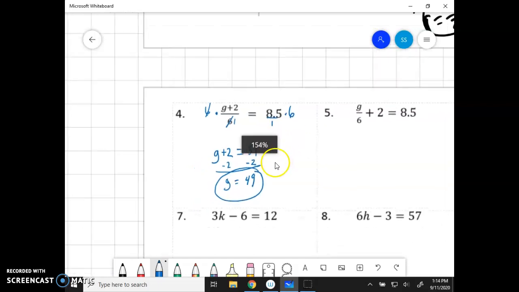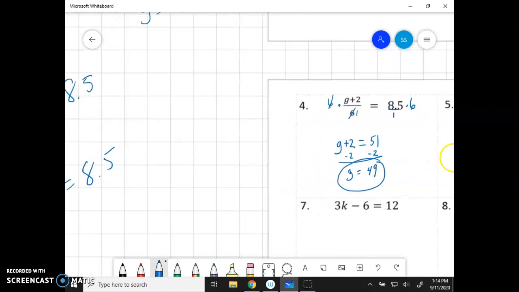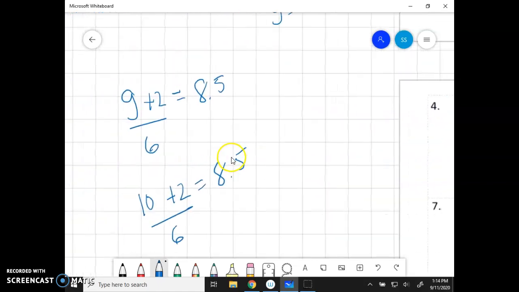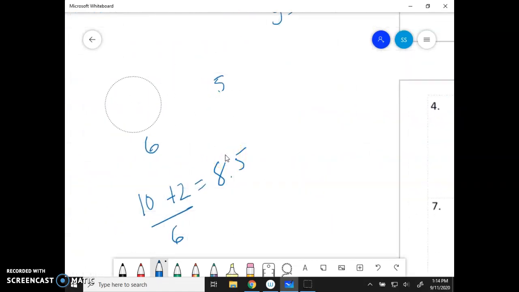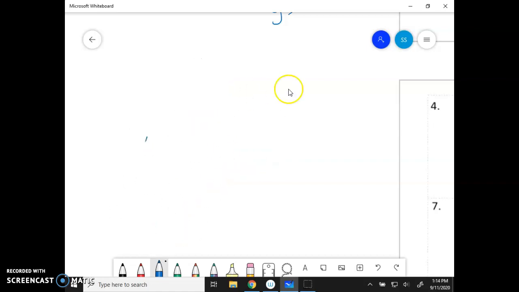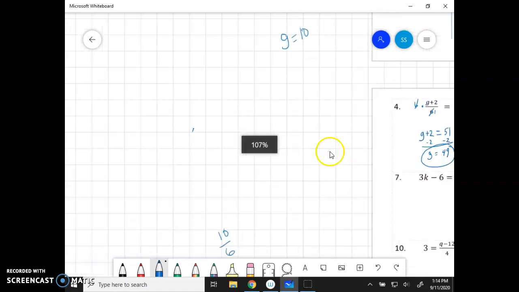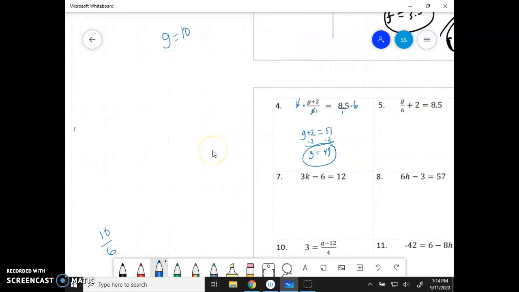So number 5, we go over here. Number 5 is pretty similar. g divided by 6 plus 2 is equal to 8.5. So again, if we were solving this problem, we wouldn't want to add first.